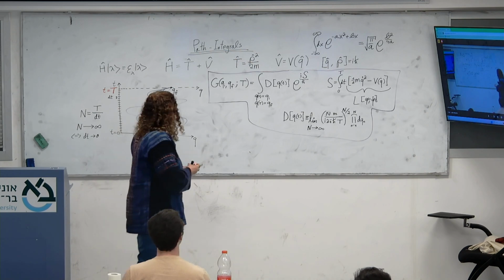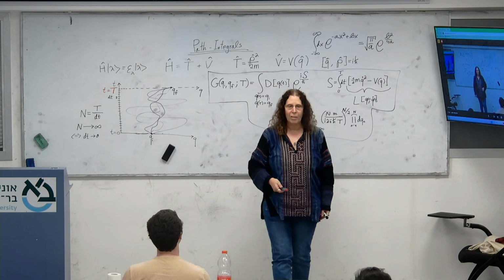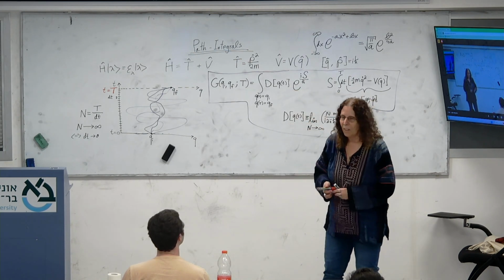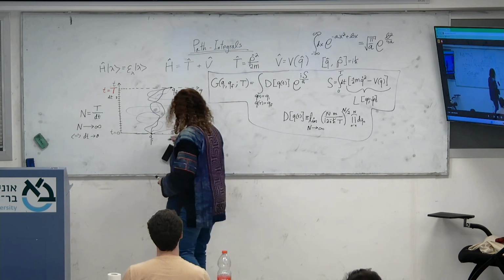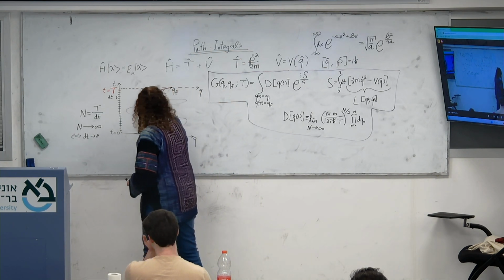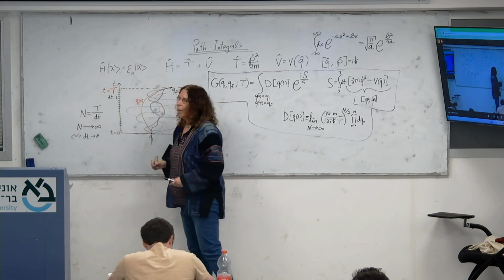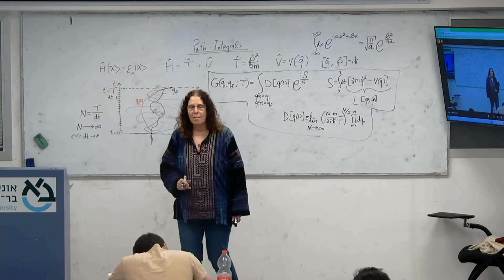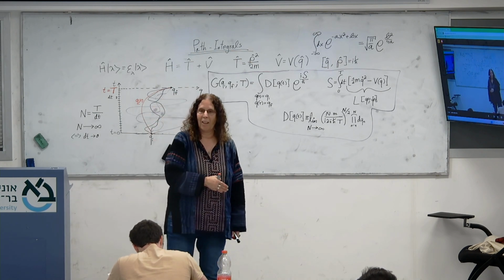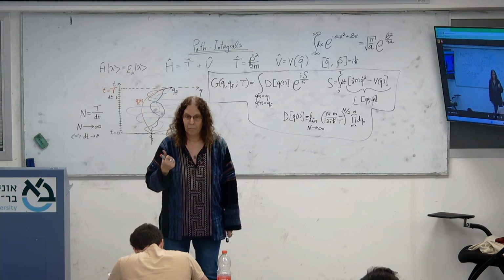Okay? So, among all these infinitely many trajectories, there is one particular trajectory. I don't know how it looks, it depends on the potential, but maybe something like this. Let me call it QC, for classical. The classical trajectory, this is what classical mechanics gives us, is what gives minimum to the action.